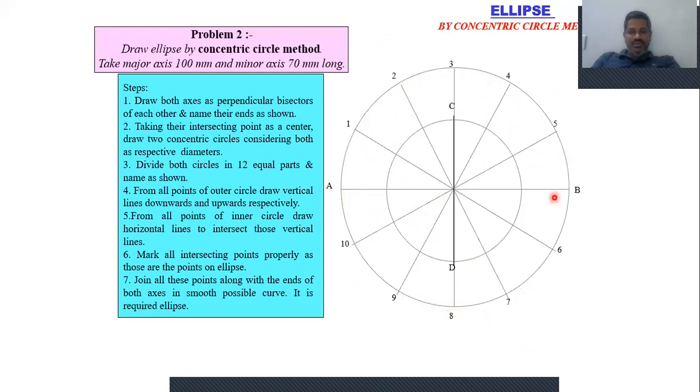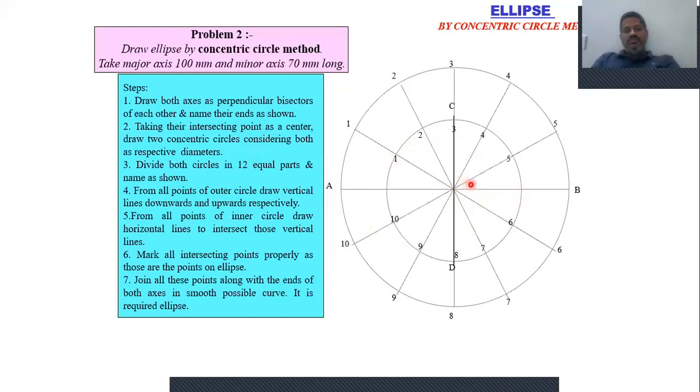So in this case we have AB, so that we will get 10 points here. The first point is A and the sixth point is B, so that we get a total of 10 points here apart from AB. Now mark the points in the inner circle also, 1 to 10 here. So here this point is different and this point is different.